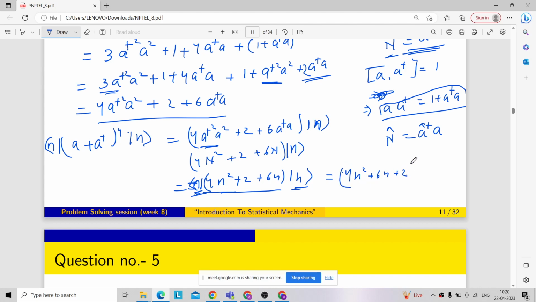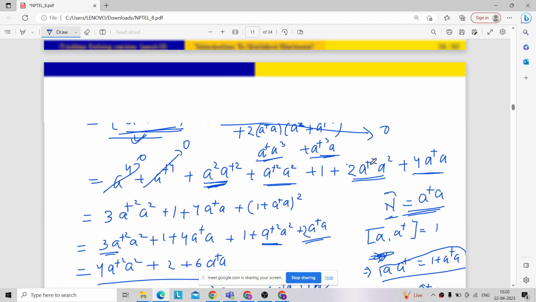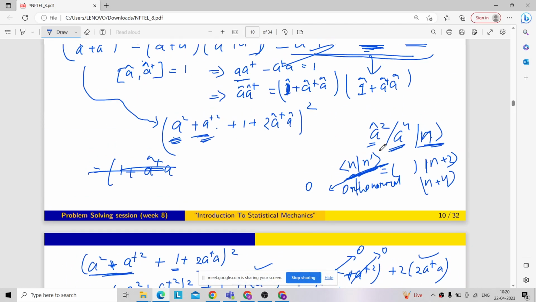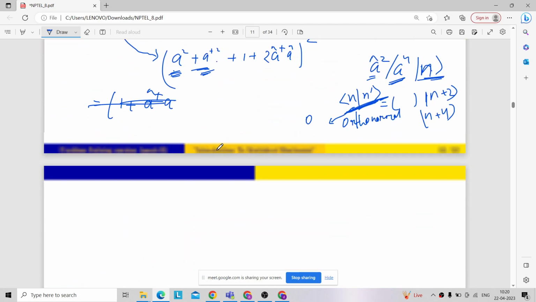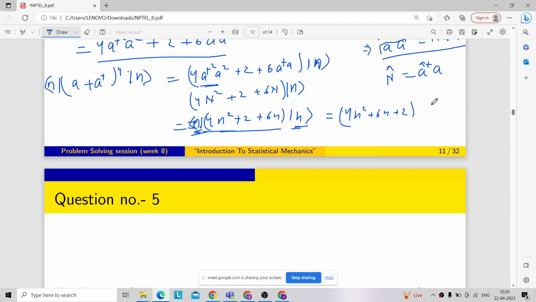Right. And we had some constants initially, lambda divided by 4 m square omega square. So this is the energy correction to the first order due to this additional term lambda x to the power 4 in the Hamiltonian.